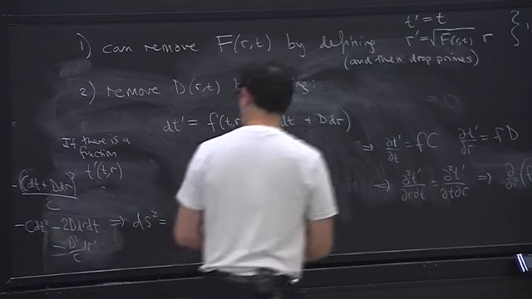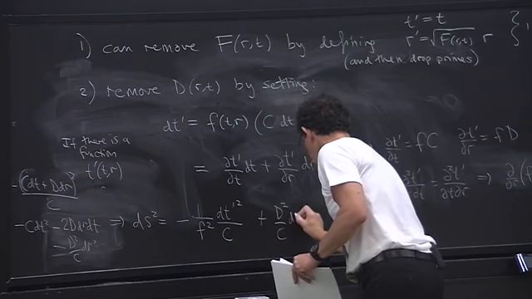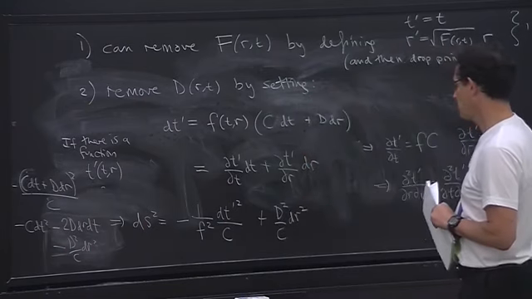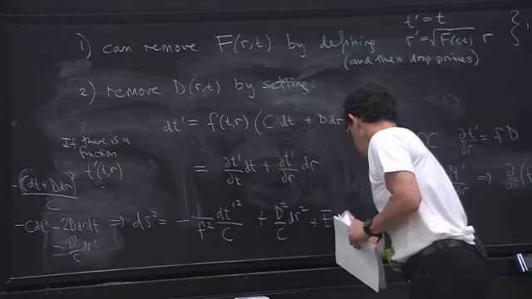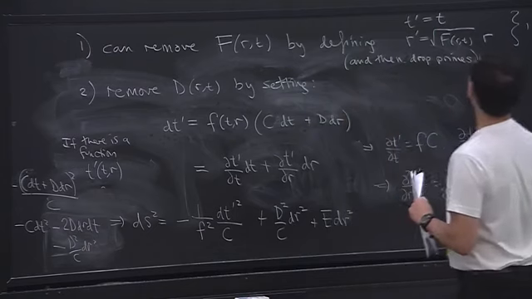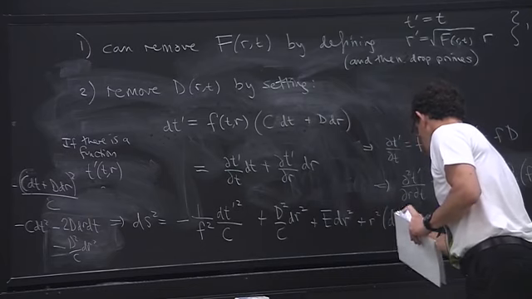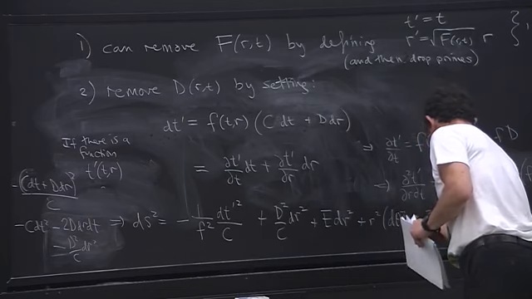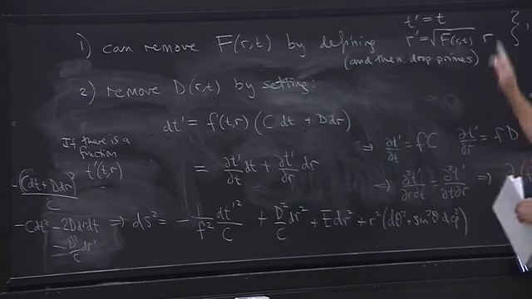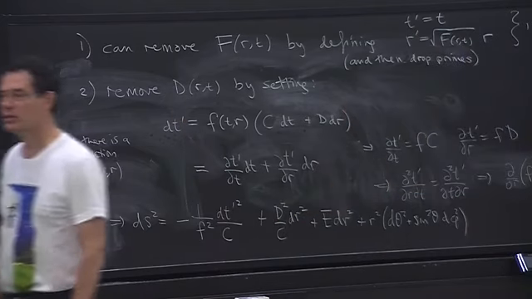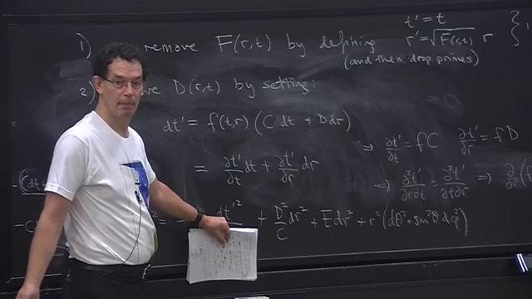So I need to add back plus d squared over c dr squared. And I already had a plus e dr squared. And then I had everything else, plus r squared d theta squared plus sine squared theta d phi squared. Okay, so I've shown that the original metric is equal to the new metric, but with no cross term. I just had to redefine the time.